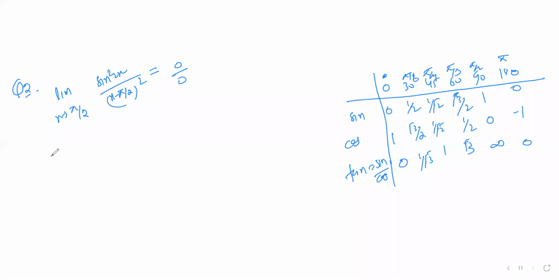So what I'll do, I'll substitute x minus pi by 2 is equal to t. Okay, correct.